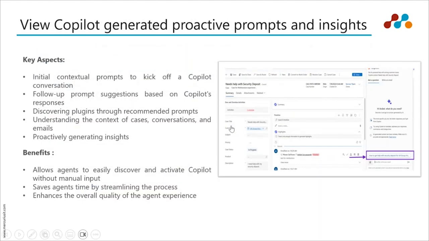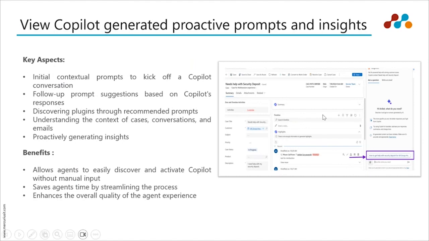Moving to the next update for customer service, that is Copilot generated proactive prompts and insights. This is a Copilot feature which has been improved for customer service, where the agent is allowed to discover and activate Copilot without even opening the Copilot.